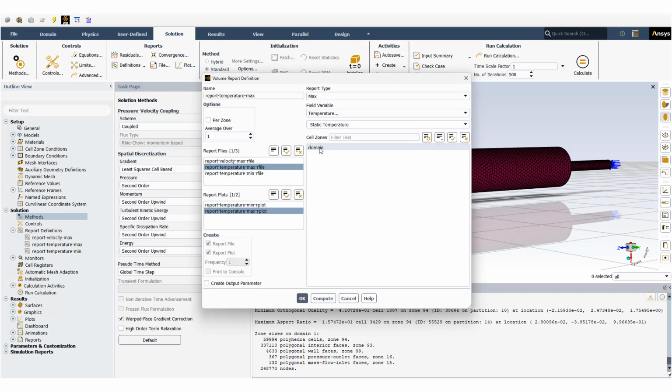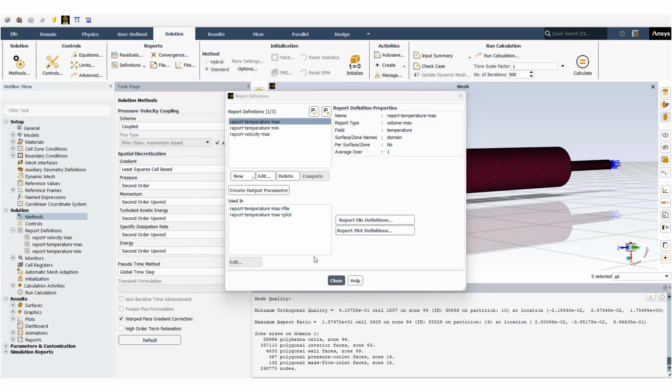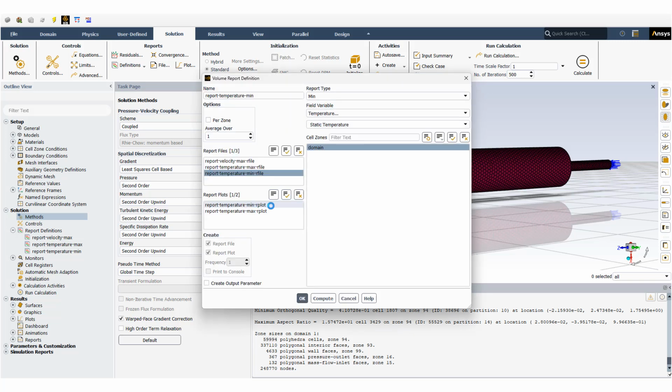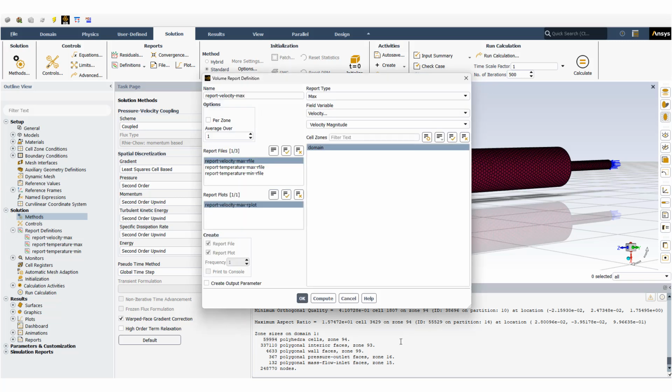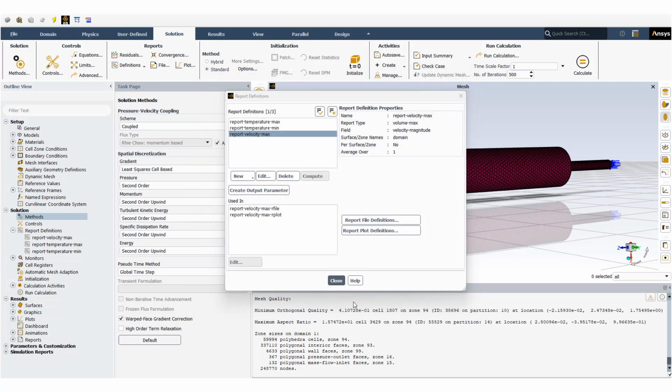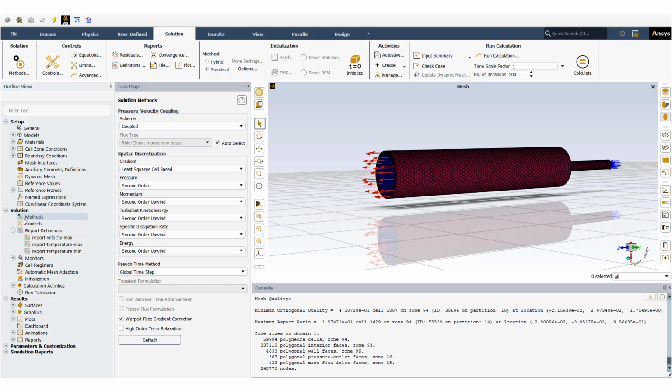As you can see, for the domain it is volume report. For the max temperature, this is for the mean temperature, and this is for max velocity. So these are the setup that we have.